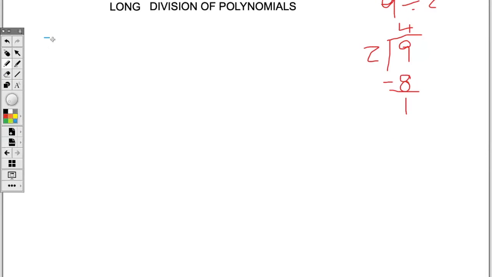So we're going to apply this concept with variables. So let's take, for example, x cubed minus 2x squared plus 4x take away 5, and it's divided by x take away 1.